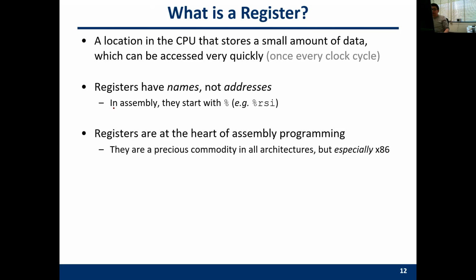So in assembly language, we can use this symbol to indicate, okay, this is a register. And each register has its own dedicated name. Register is the most important part in assembly language.